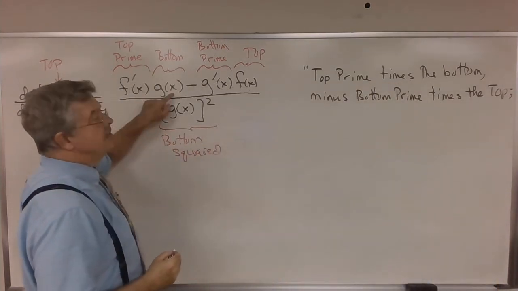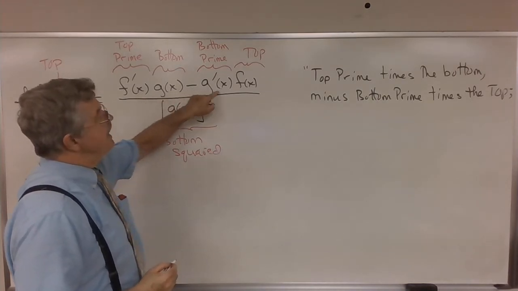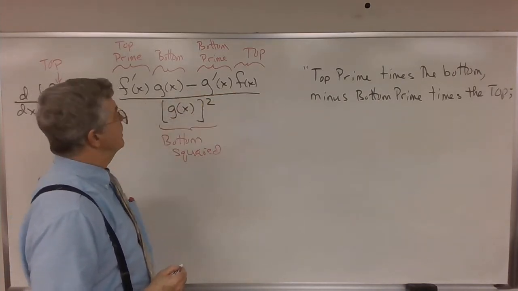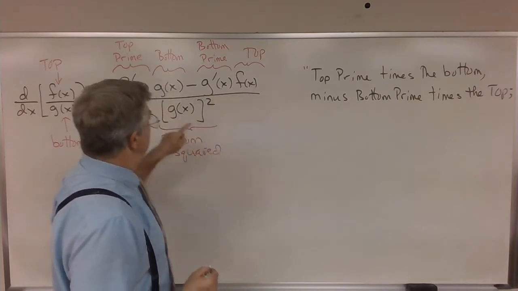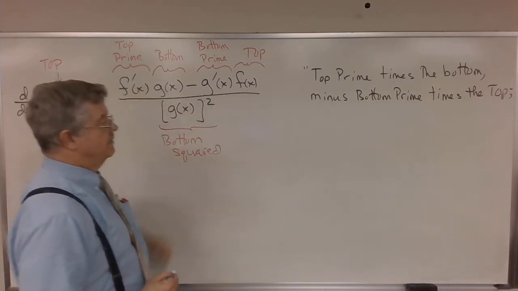So top prime times the bottom minus bottom prime times the top, all over the bottom squared.